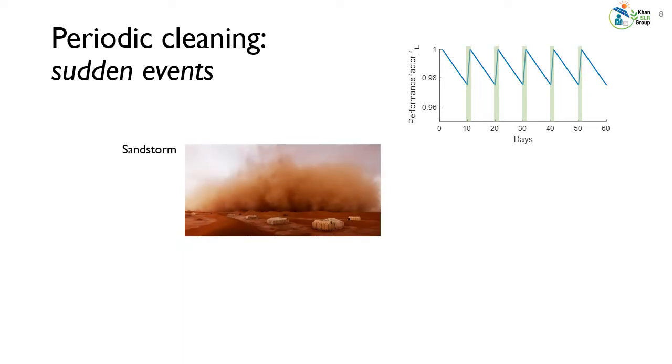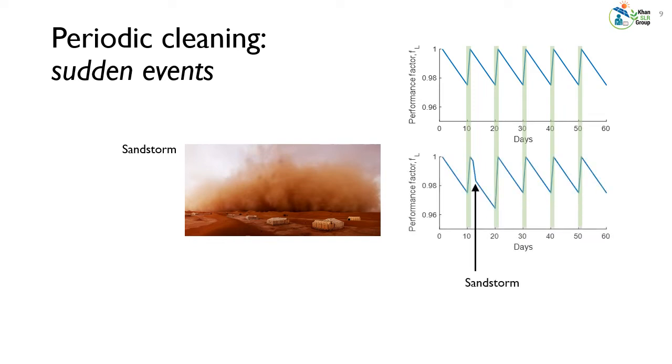You can have sandstorms at certain locations. In those cases, on a day when you have a sandstorm, the output is suddenly going to drop because of the excess sand deposited on the panels. And you are not going to recover the output until the next cleaning intervention.